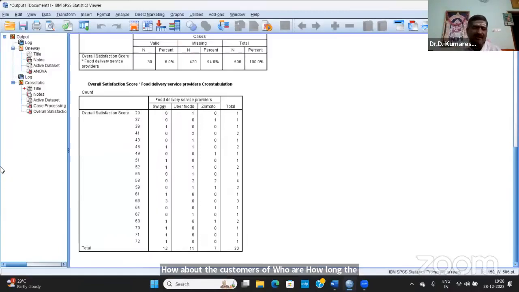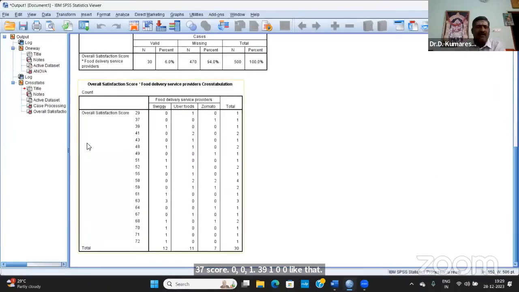See, look at here. Just for example, Swiggy, 29 score, no customer. Uber Foods, 1 customer. Zomato, no customer. 37 score, 0, 0, 1. 39, 1, 0, 0, like that.